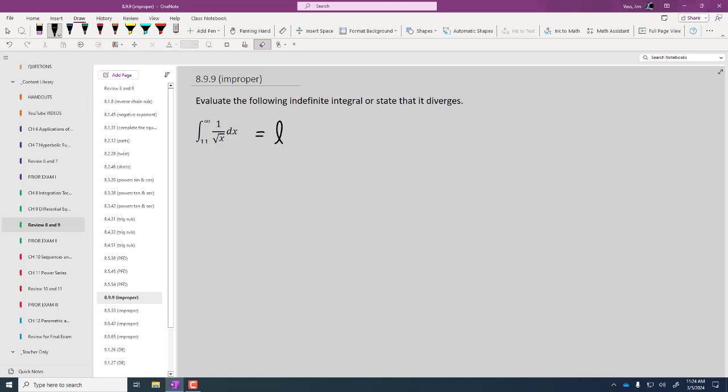It's very easy to mess up limits, and if you know what you're supposed to get, that helps. So the first thing we always do with an improper integral is write down limit. And usually for horizontal, we're going to go limit as b goes to infinity. And then we're going to chop off this integrand, so we're going to go from 11 to b instead of 11 to infinity. We're going to write this with a negative exponent, and that's going to allow us to integrate it. So the limit, we just let it sit out in front.